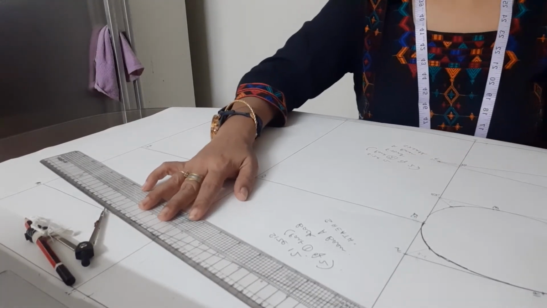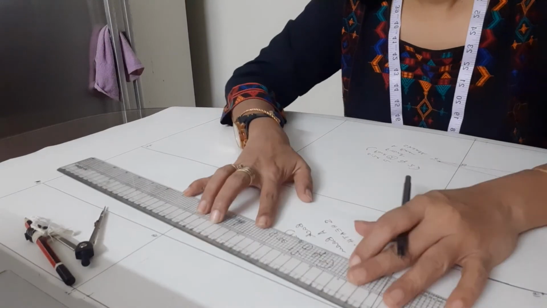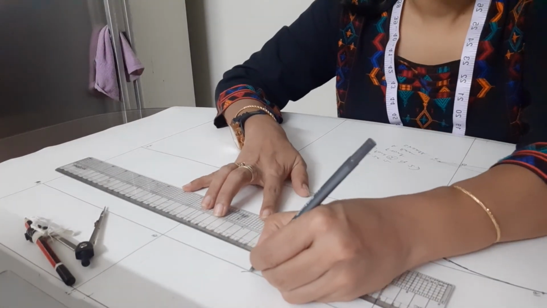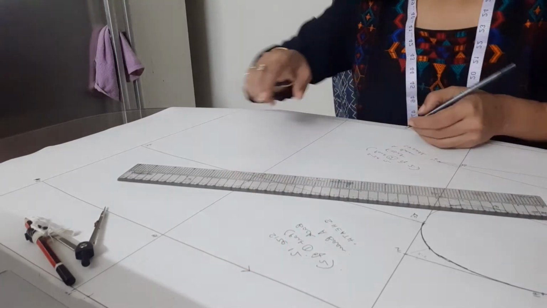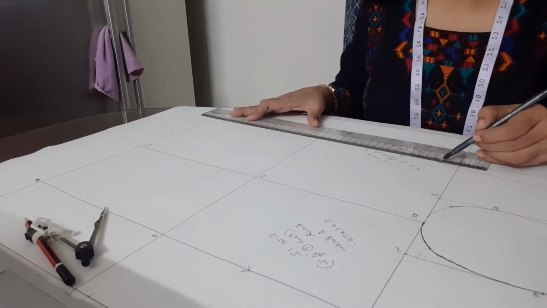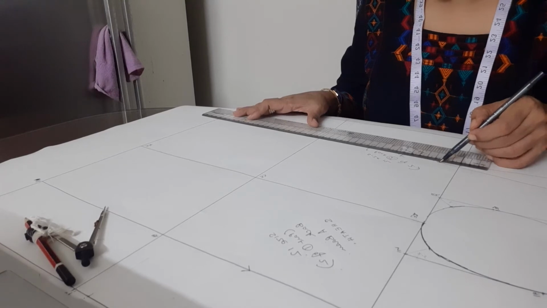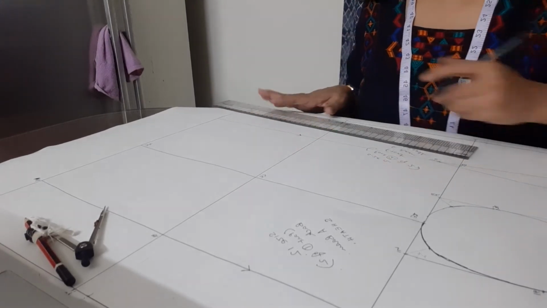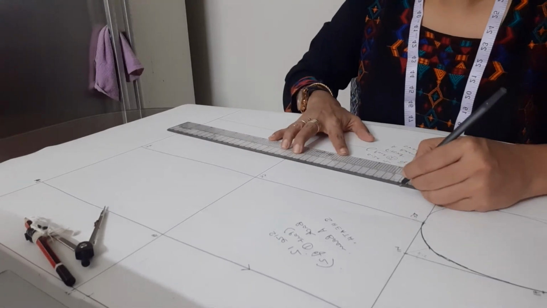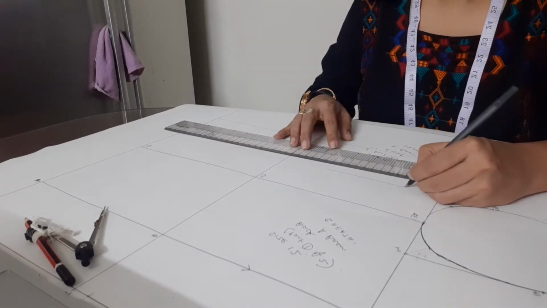Right? Now that you've written both, mark the grain line. This is your grain line. You can just follow the dart lines for this. Joining 26 all the way to the bottom will give you the same thing. You can just draw this as your grain line, or you could draw your grain line separately.